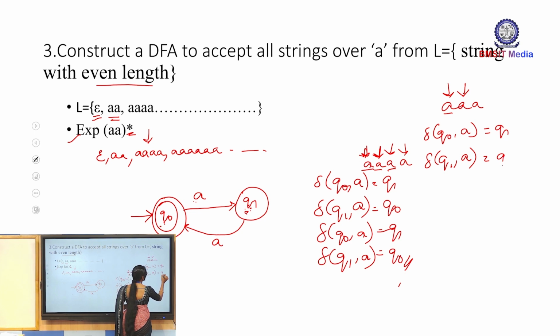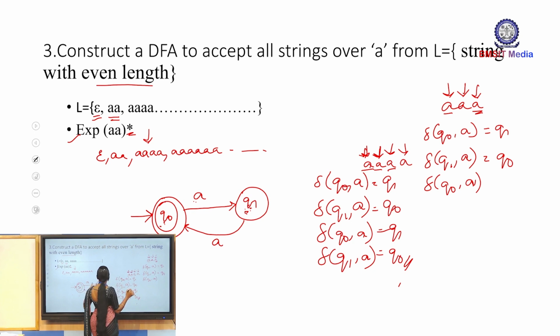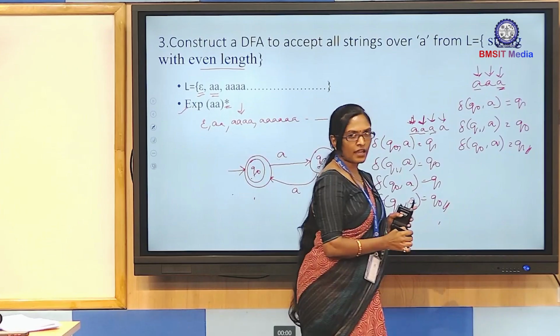So Q0. Now let me come to the next. So Q0 becomes the current state. On seeing the third input symbol, which is A, it makes a transition to the state Q1. Now we have already reached the end of the input string.